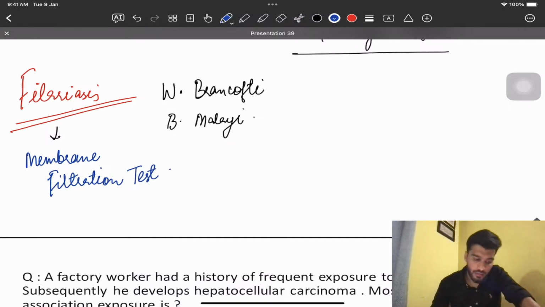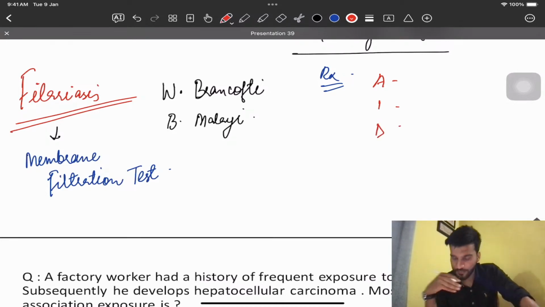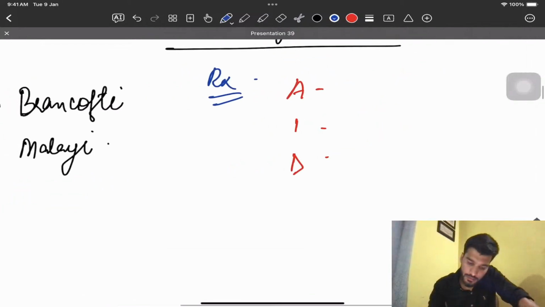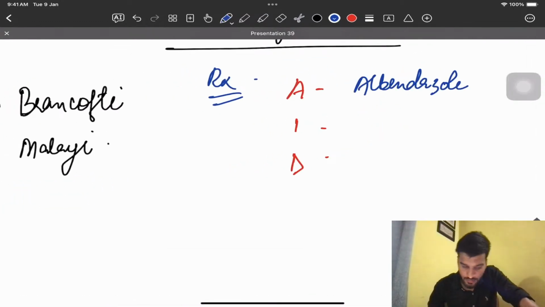Okay, and if I talk about the drugs or the treatment of this filariasis, we have 3 drugs. How do you remember the triple therapy, guys? AID. This AID triple therapy is for filariasis. What are the 3 drugs?